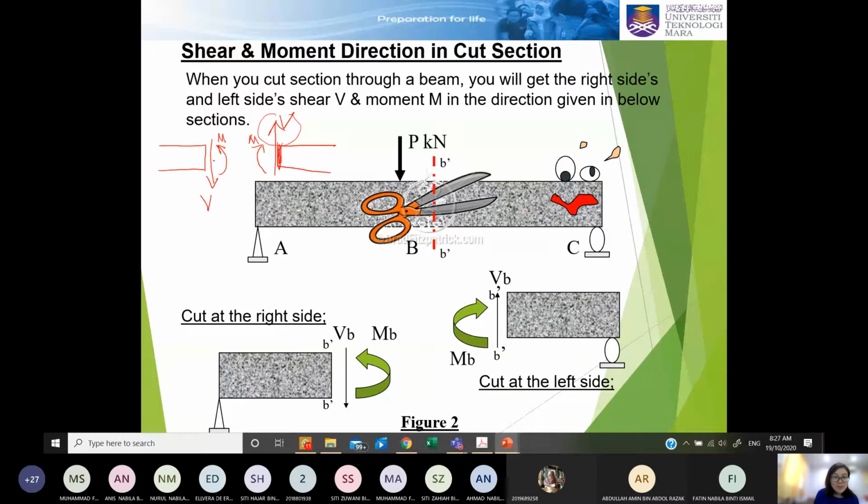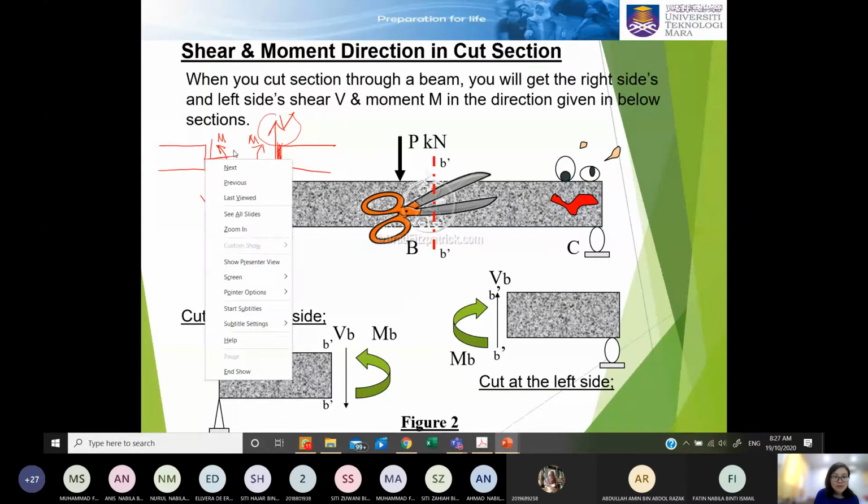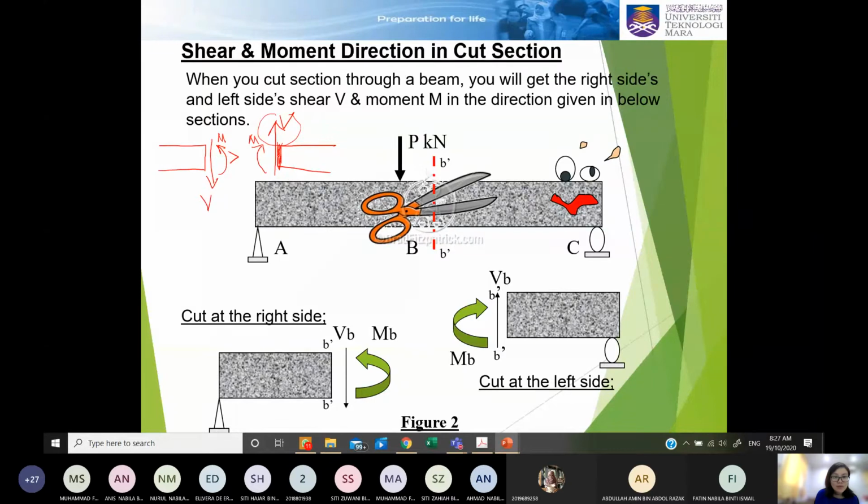Now we want to put in the axial. Axial force will always be going out, just like thrust, going out from the joint. So this is the equilibrium at this particular joint. Then we put it back here.